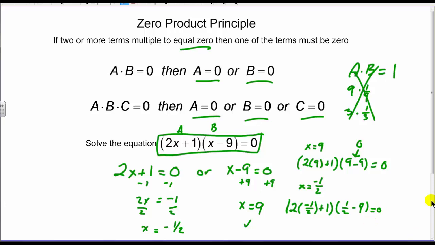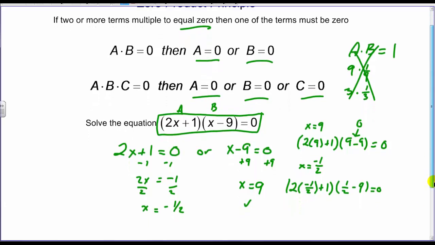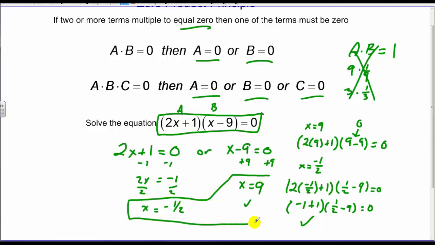Well, take a look. 2 times negative 1/2 gives me a negative 1 plus 1 multiplied by a half times negative 9. But I know that negative 1 plus 1 is 0, and 0 times anything is 0, so this checks as well. So my solution for the problem is 2. I have x could equal negative half, or x could equal 9 to make that true.